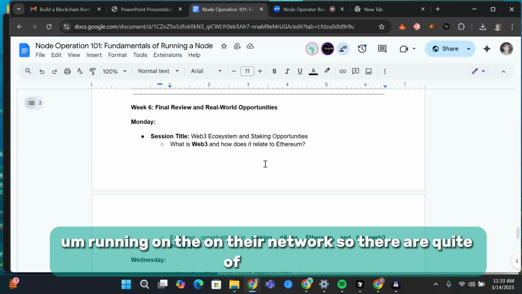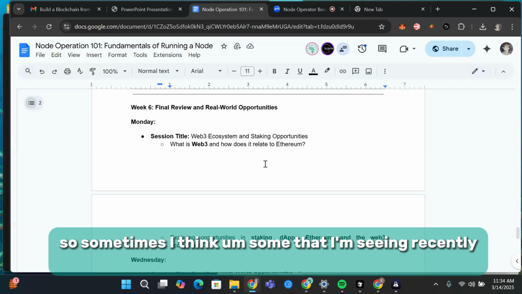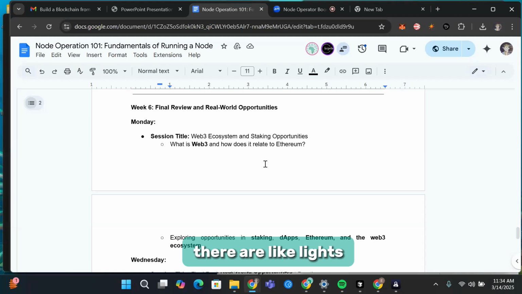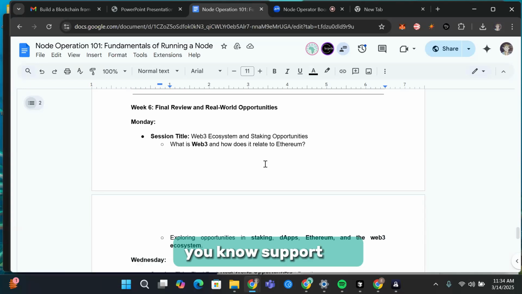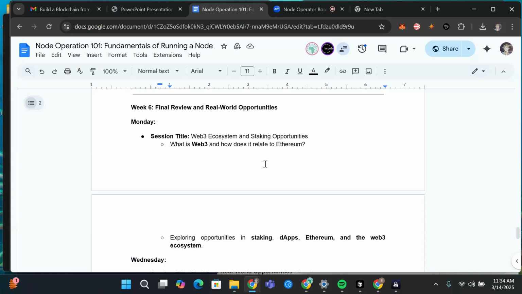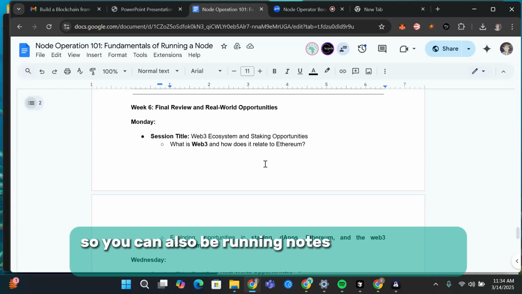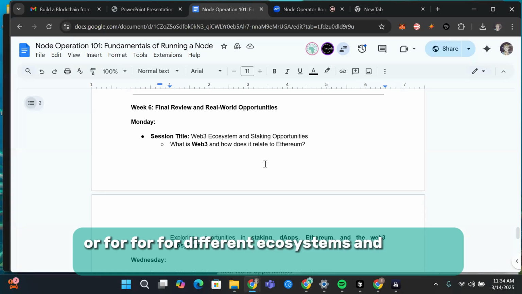Some that I'm seeing recently, you can also run on your browser. There are light nodes that you can run on your browser and also on your phone to support the network. This is introducing a new path, and also a new career path. You can be running nodes for different blockchains or ecosystems, and you'll be earning rewards.